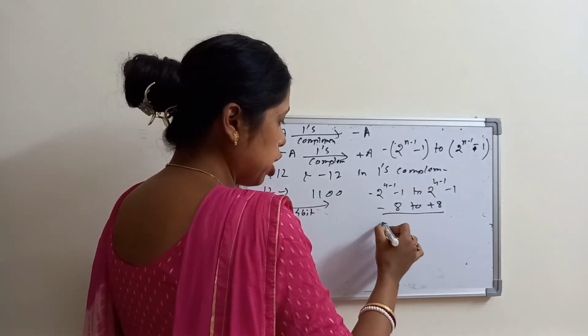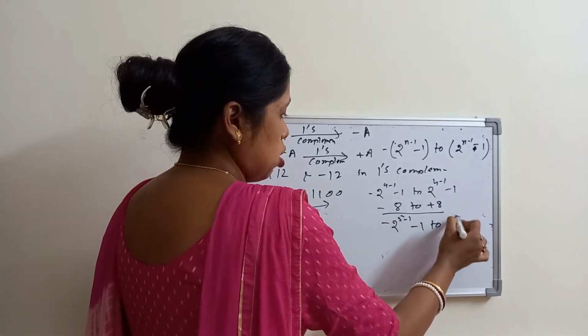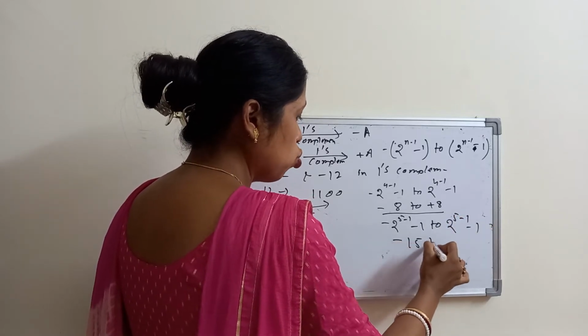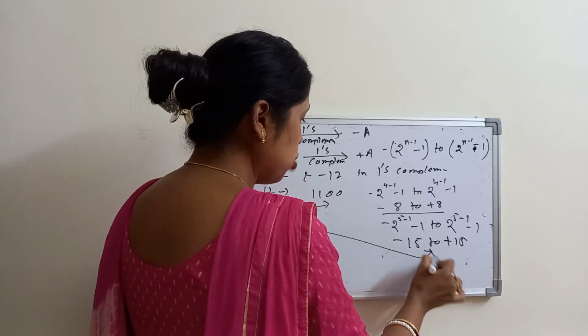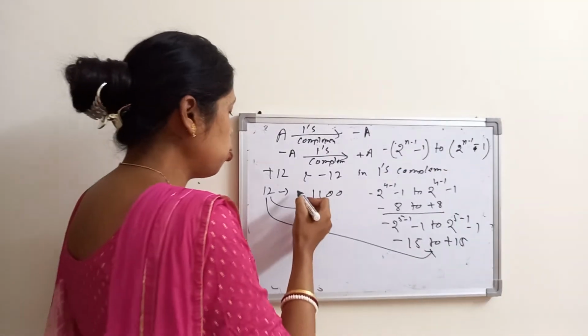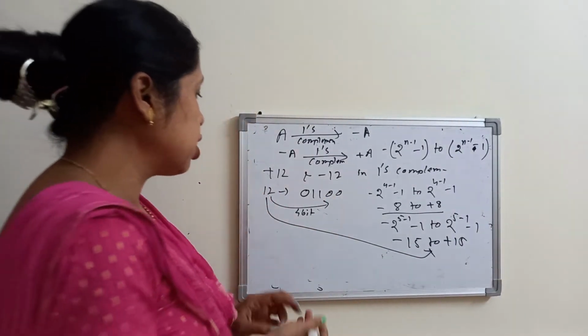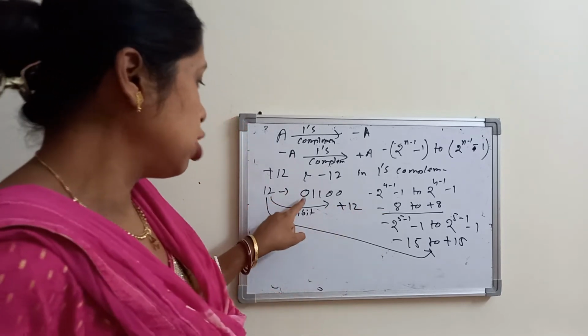If 5 bits are there, the range will be minus 15 to plus 15. So 12 lies between minus 15 and plus 15. That means in front of 12 I have to put 0. So for getting the correct representation of plus 12, I am adding 0.